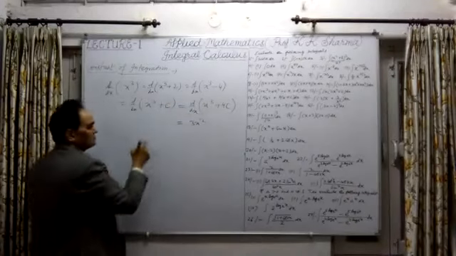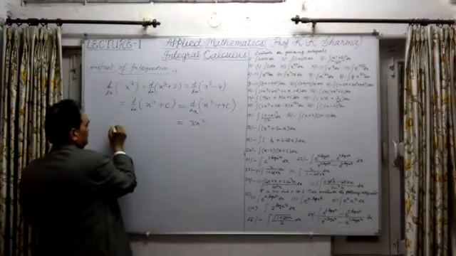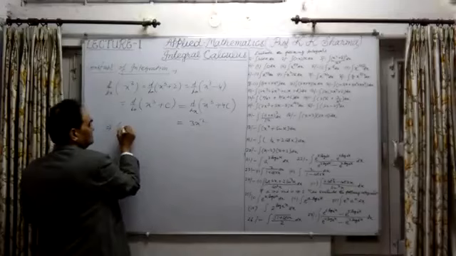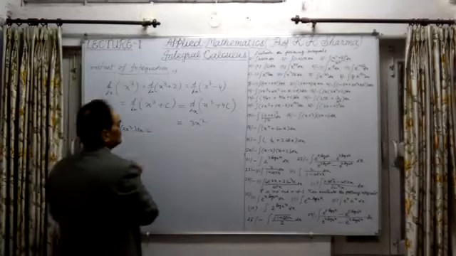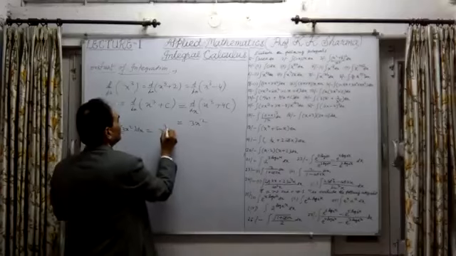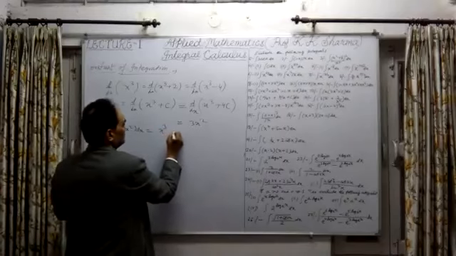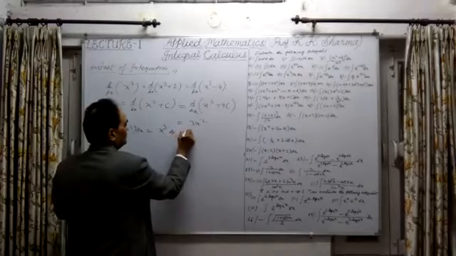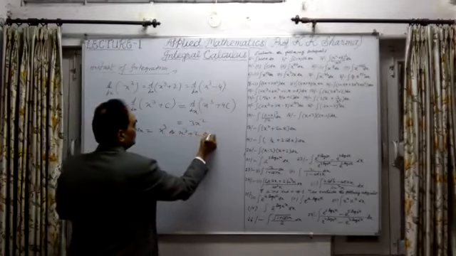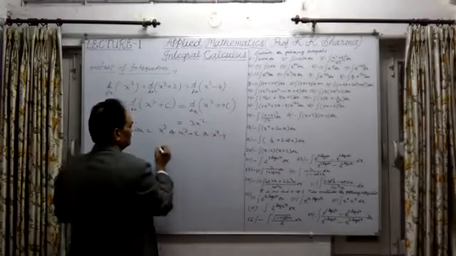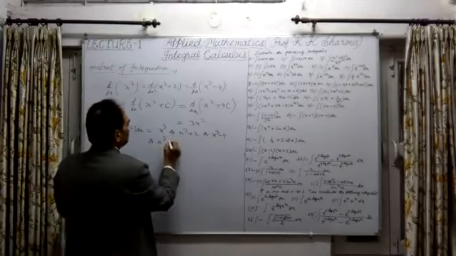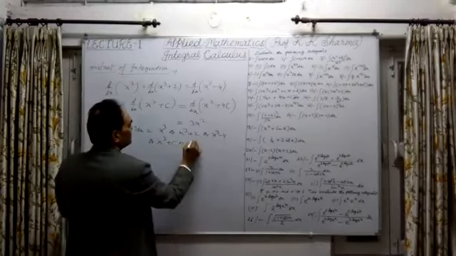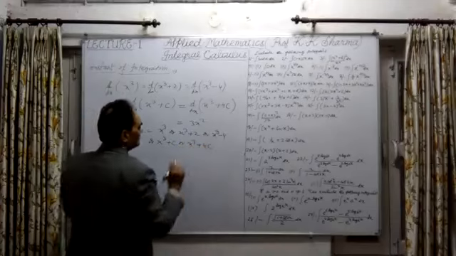That means the integration of 3x square dx is equal to x cube, or x cube plus 2, or x cube minus 4, or x cube plus c, or x cube plus 4 into constant c.